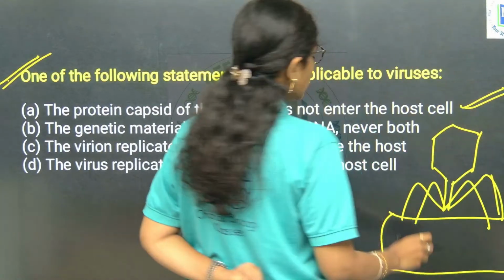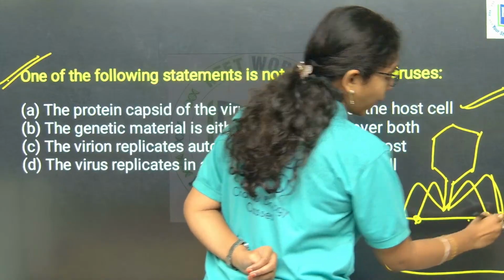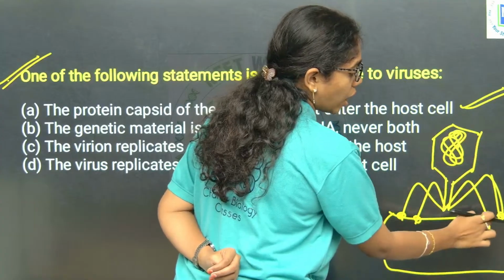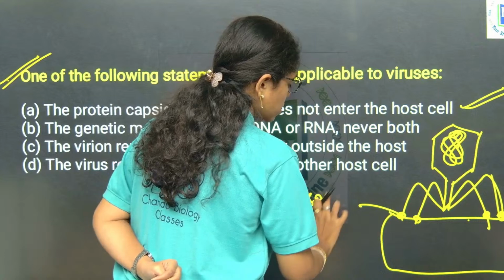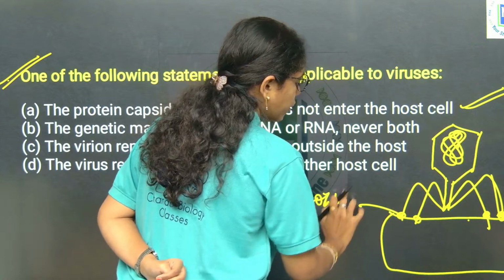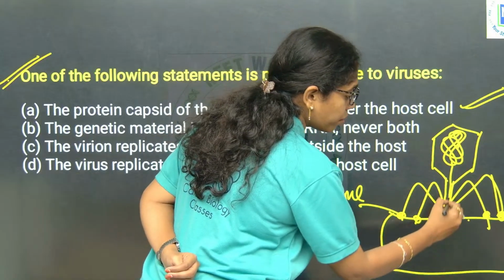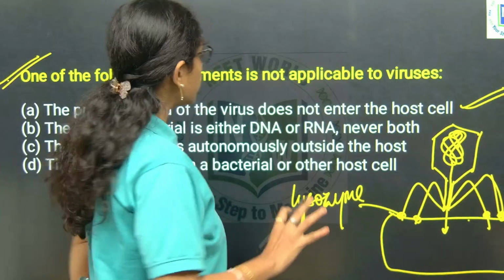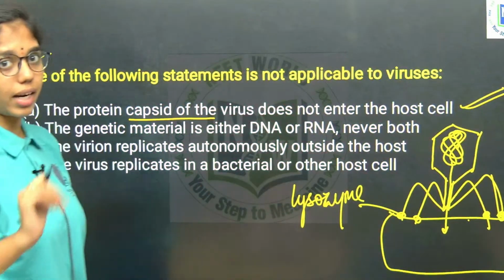Okay, so these tail fibers will be adjoined to the bacterial cell wall, whereas the tail will contain the lysozyme and it will solubilize the cell wall of the bacterial cell, and the genetic material is deposited into the cytoplasm of bacteria. It is not that the capsid of the virus enters the host cell. That is a correct statement only.